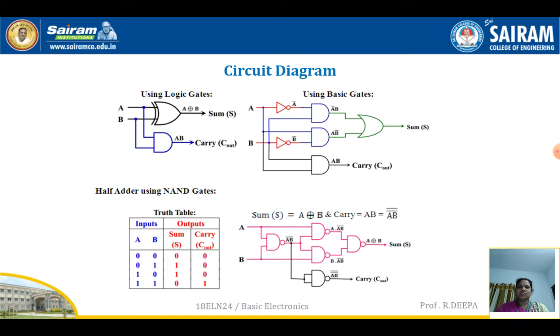Here I have shown the circuit diagram using the logic gates as well as the basic gates. Using the logic gates, as we know, we have two inputs A and B, and the expression for the sum is A exclusive OR B. So I have made use of an exclusive OR gate with inputs A and B, and the output is the sum S. For the carry, the expression is C out equal to A into B, so I have used the AND gate.